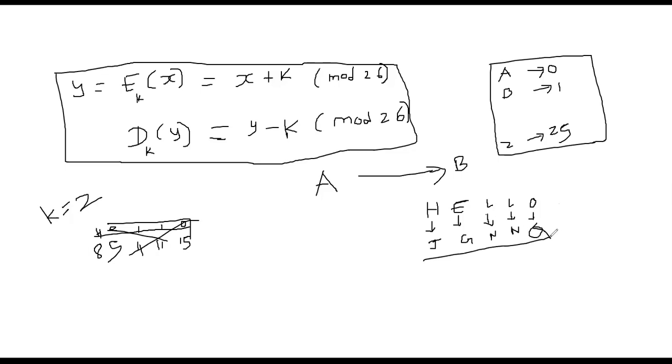Alice will send to Bob J, G, N, N, Q. So all Bob has to do now is the opposite, subtract 2 positions, so he will be able to go back all the way to the initial plaintext. Assuming the man in the middle is not tampering with the ciphertext, the crypto system successfully encrypts and decrypts.